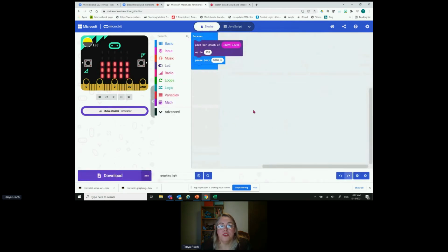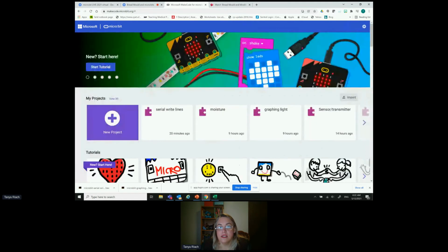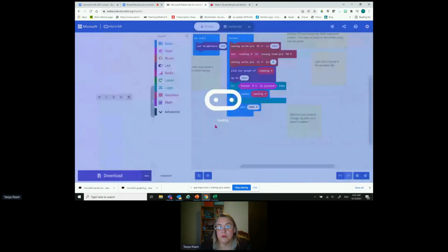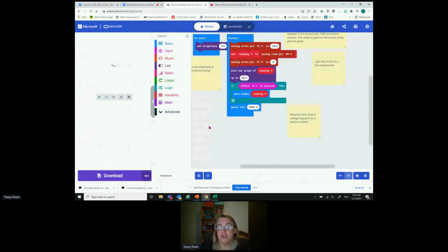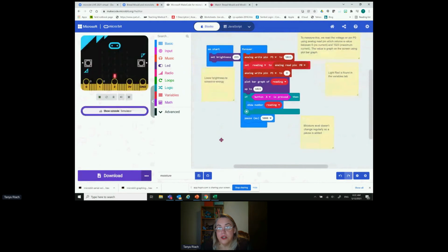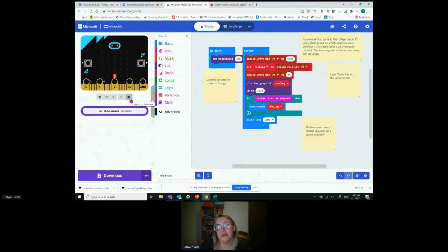And as you saw before, for the moisture level, they actually followed the moisture level tutorial, but it was completed before they put their bread out. So this is an example of what a student could have used to measure their moisture level. They lowered the brightness so that they could conserve their energy.